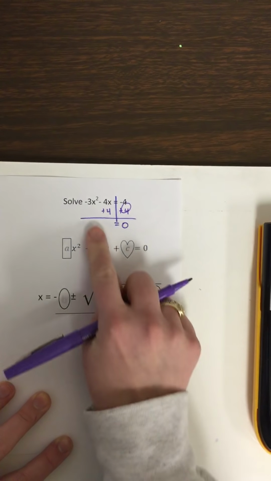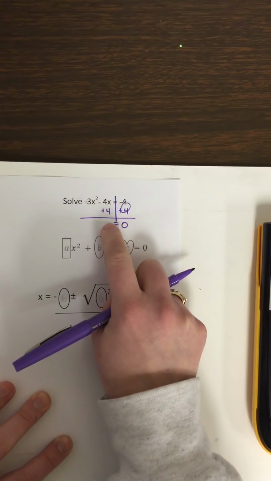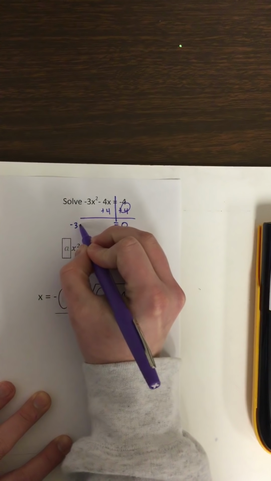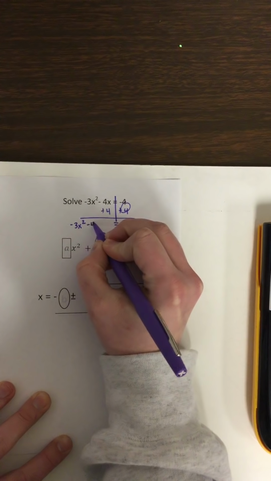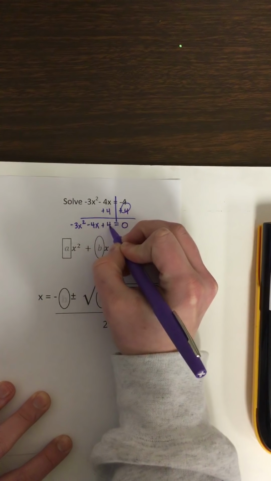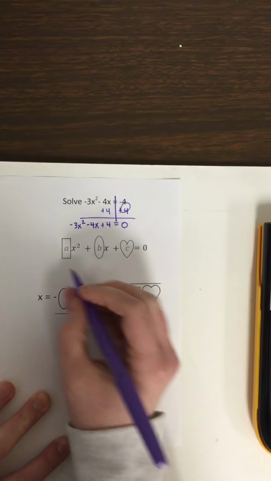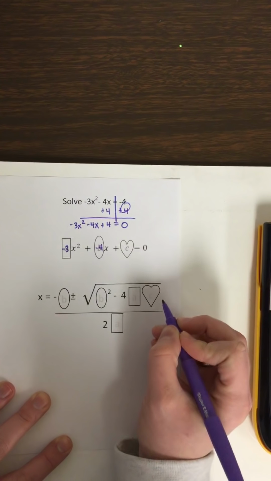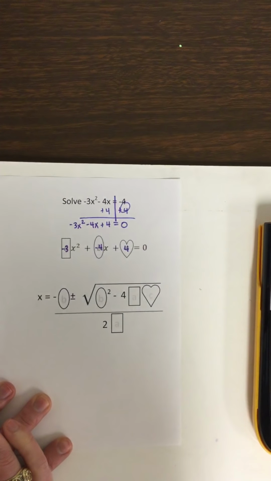That's what we want. Over here, none of these three pieces are like terms. This 4 doesn't have an x and it doesn't have an x squared. So this is still -3x squared, this is still -4x, and this is still +4. If we look at our equation, our a is -3, our b is -4, our c is +4.